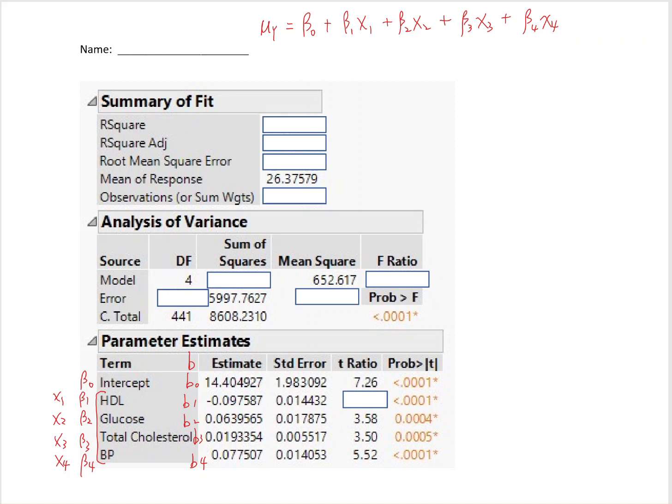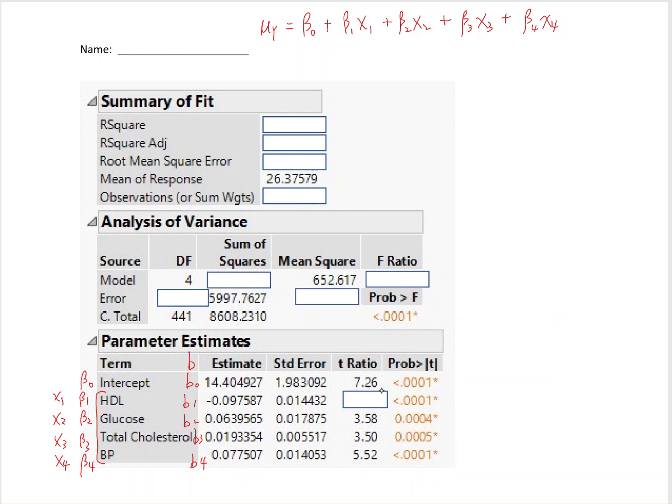The next column is the t ratio. What is the t ratio? It is the t-test statistic for testing beta equals 0 versus beta not equal to 0. And then you have the corresponding probability, the p-values.